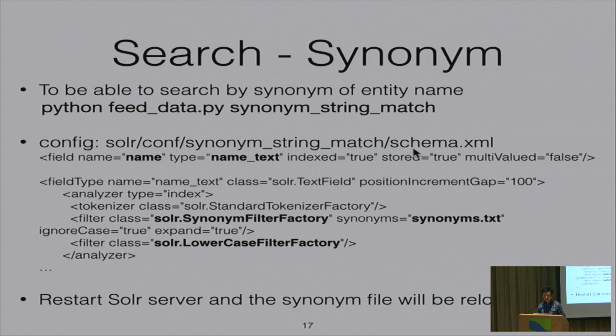In the Solr schema, we define a special field type, which will do the synonym filtering at index time and also at query time, and also apply lowercase filters. After running this script, it will feed the data to Solr for indexing.